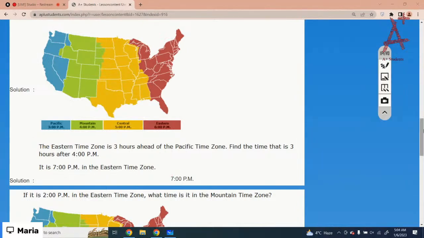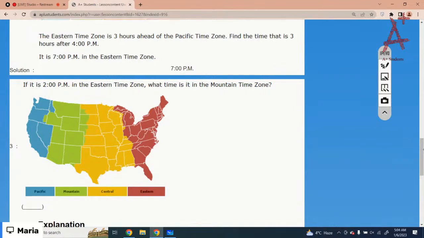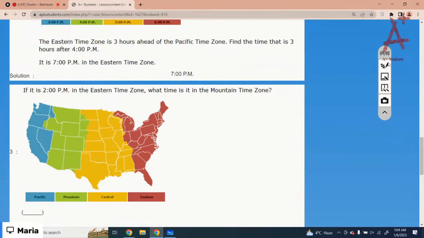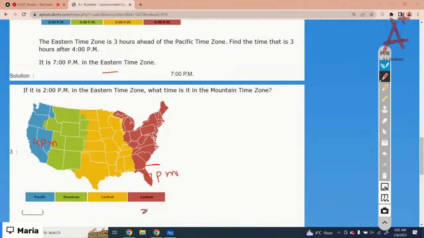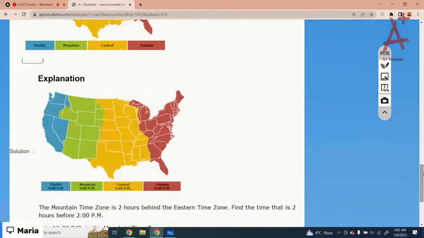The next one is, if it is 2 p.m. in the eastern zone, what time is it in the mountain time zone? Here you have 2 p.m. The mountain time zone is 2 hours behind the eastern time zone.